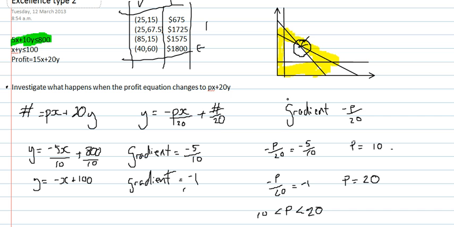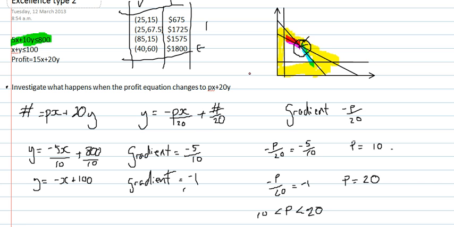Cannot be equal to 10 or 20, because when p is equal to 10 and 20, then I'm on the line going down there, and that's when p is 20, and when I'm on that line, p is 10, I am on that line, and therefore I have more than one solution because every point along that line or that line is now a solution.